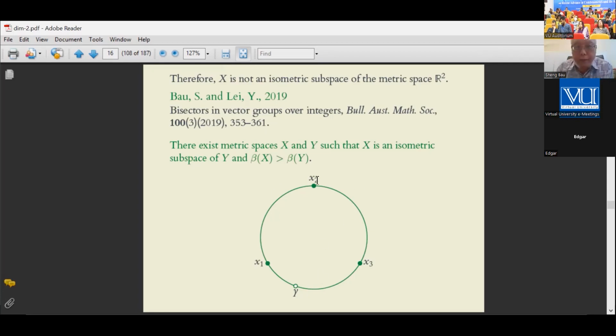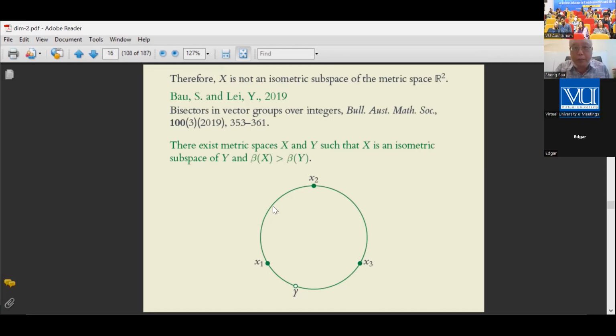Then y resolves the space, because let us verify this. y has distance 0 to itself, x1 has distance 1, x2 has distance 4, x3 has distance 2. So all distances are distinct. All points of the space have distinct distances to y, therefore y resolves.